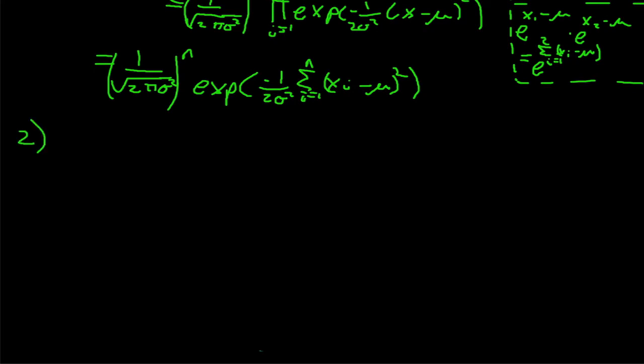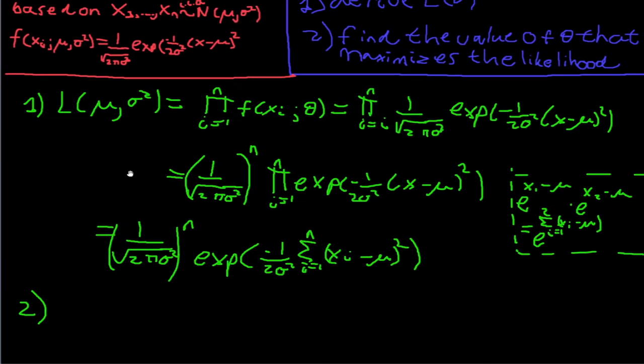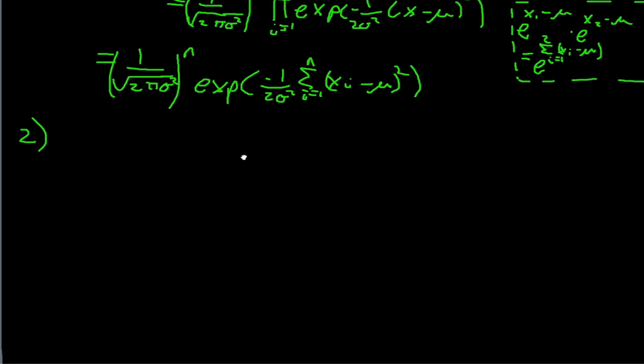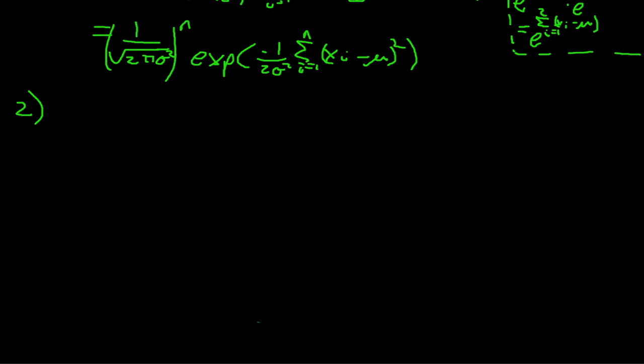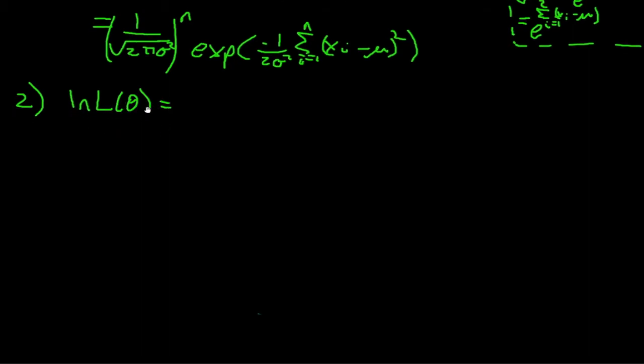So let's get to step 2, and as you guys can see, the function is differentiable, so we will find the maximum by just differentiating. And of course it will be way easier to differentiate the log likelihood, and I've explained to you guys in my previous video why we can do this. So this will be equal to the log of, I will just write it out again, this whole expression right here.